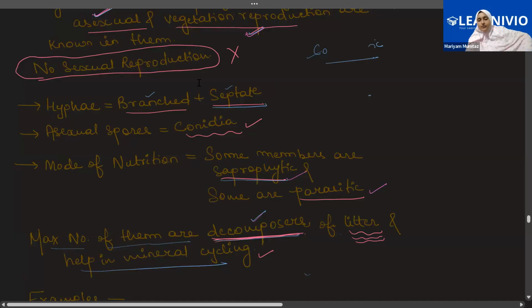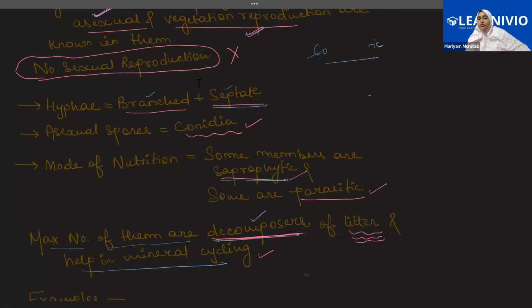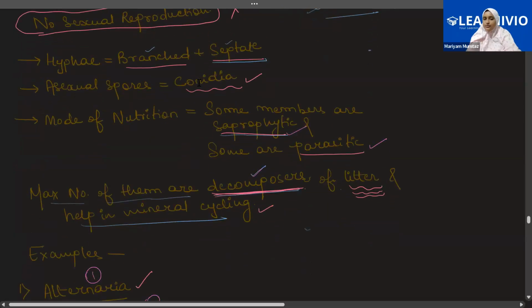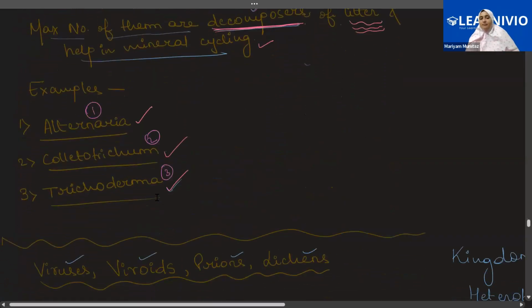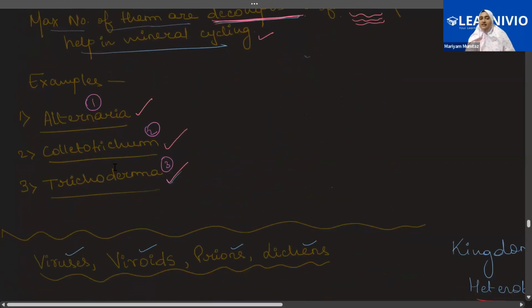The asexual spores are conidia. Some are saprophytic and some are parasitic. Most are decomposers of litter and help in mineral cycling, so even though they are imperfect, they are very important. Examples are Alternaria, Colletotrichum, Trichoderma. Any doubts?